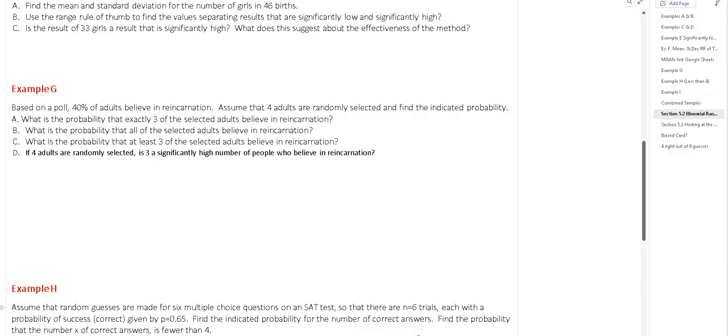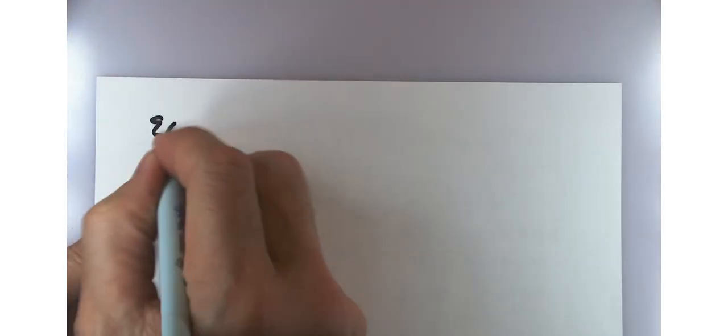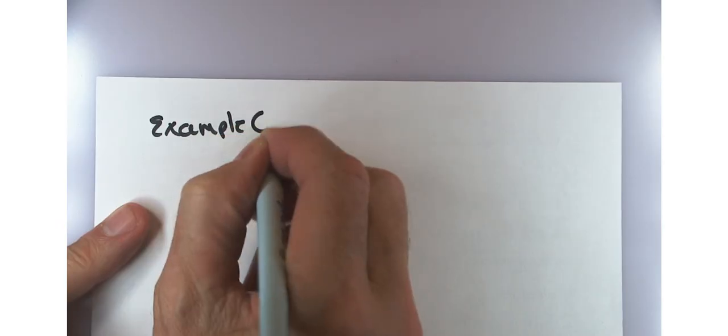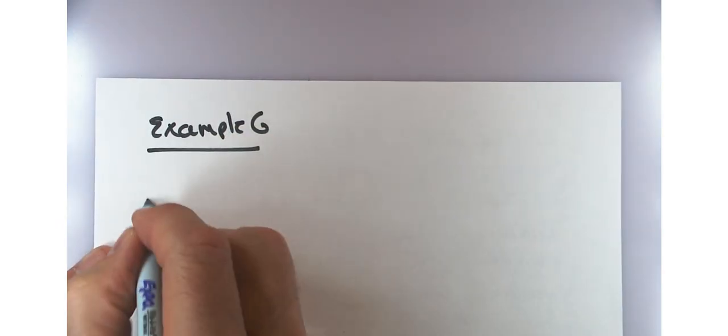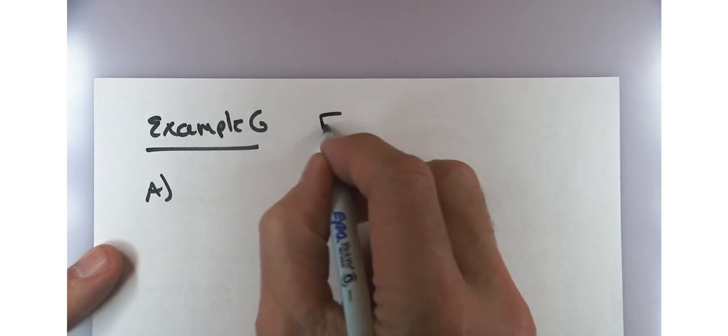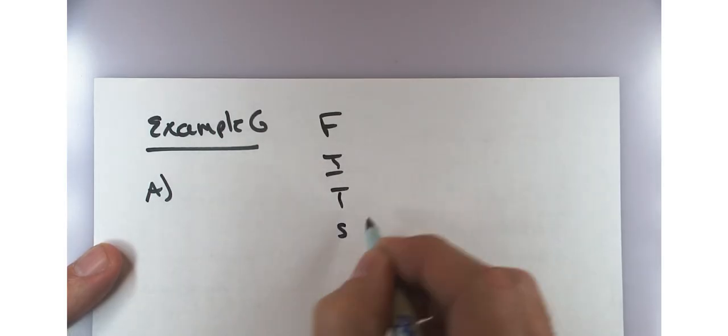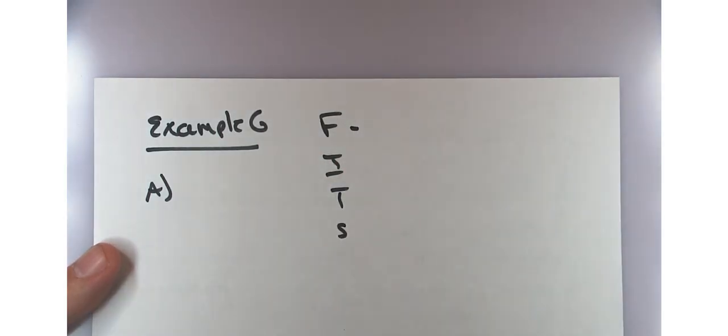Well, let's decide if this is a binomial random variable first. So what do we have to do to check that? See if it fits. Nice. So let's see if it fits in example G. Is there a fixed number of trials in this case?